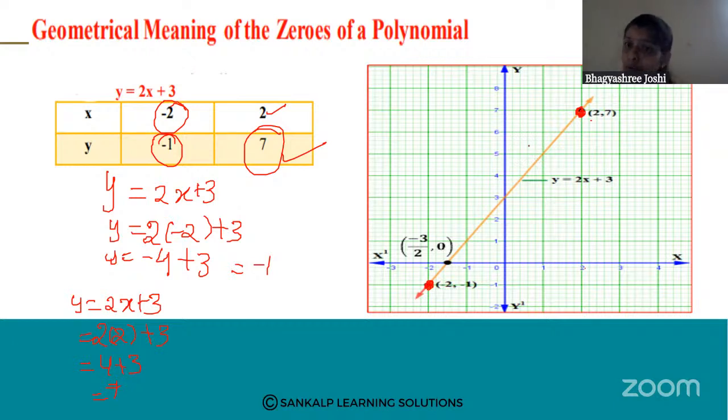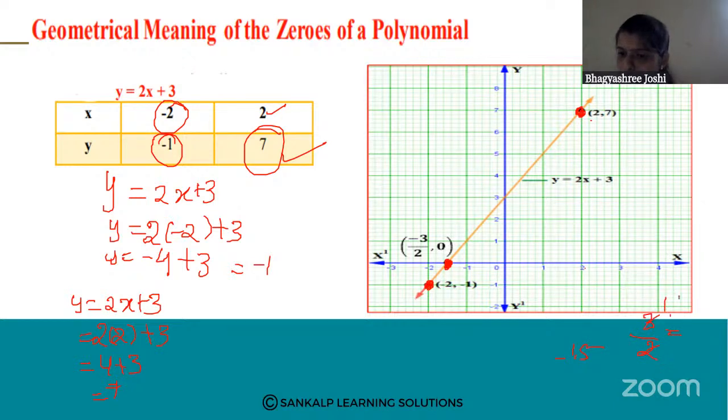So what our concept is, to find out the zeros. So how are you going to find out the zeros? This line touches the x-axis, right? This line intersects the x-axis at this point, which is -3 by 2, or you can say it is -1.5. 3 by 2 is 1.5.